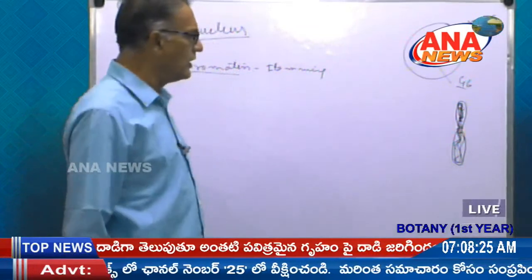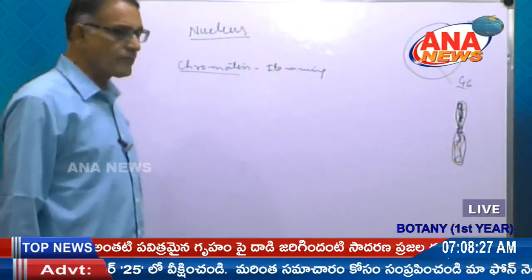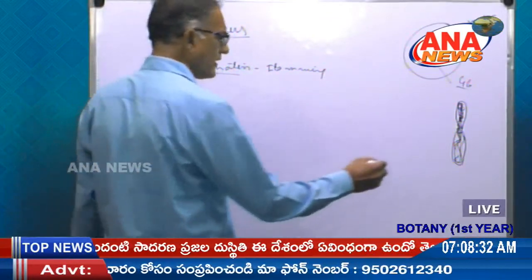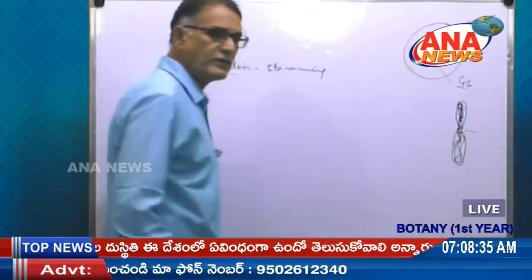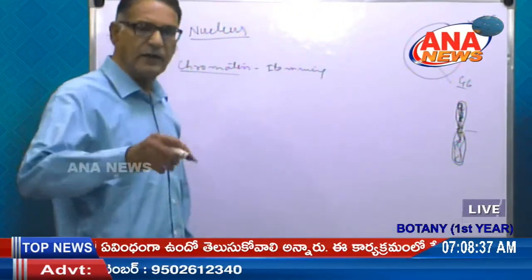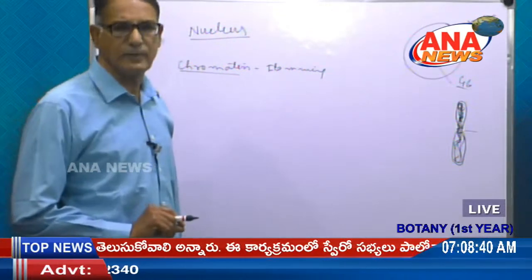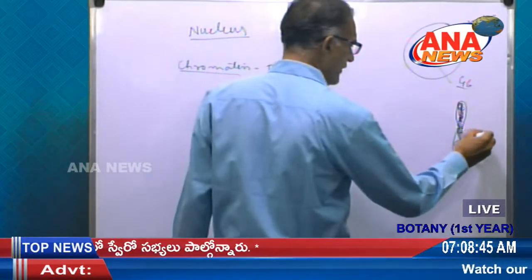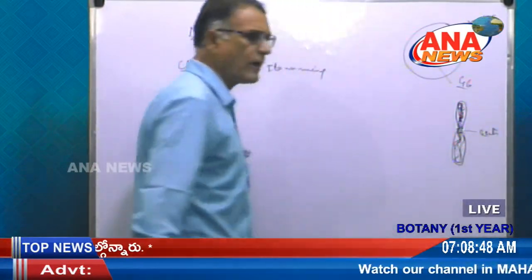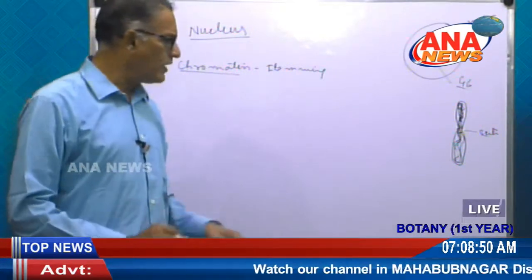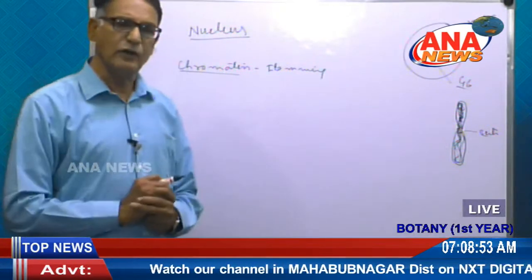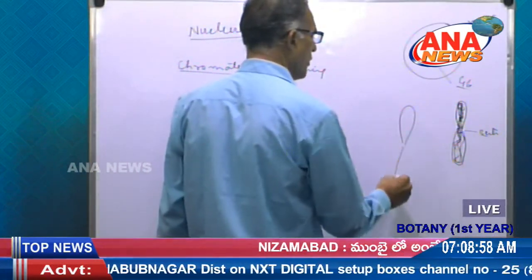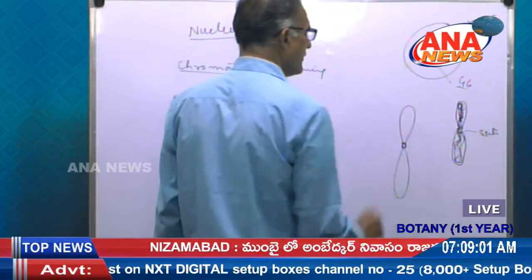In a chromosome, a non-stained constriction, a notch, is present, which is called the centromere. The centromere binds the two chromatids together. The primary constriction on the chromosome is called the centromere.